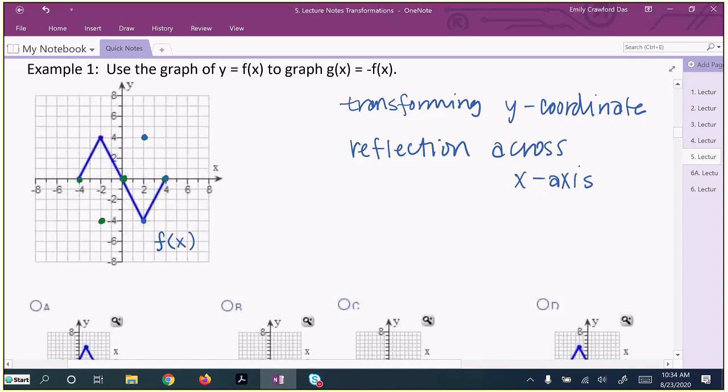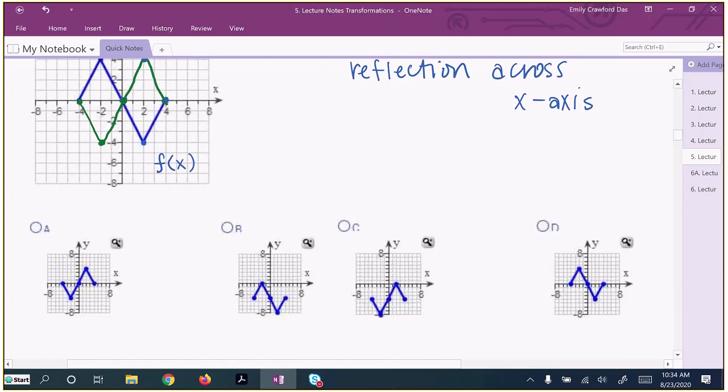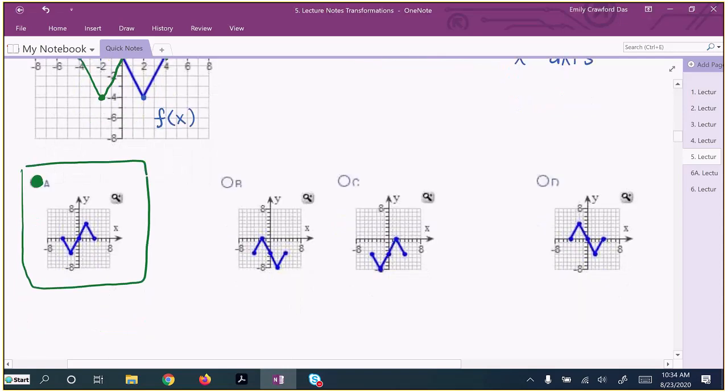And so the reflected graph would look like the green graph that I've drawn. So we just need to look at the choices below and determine which of them is correct. And it looks like the picture that we found is pretty similar to A. So A is going to be the transformed graph, which is the reflection across the x-axis.